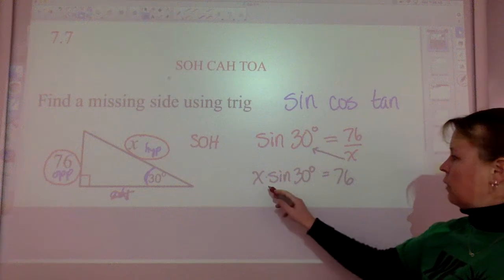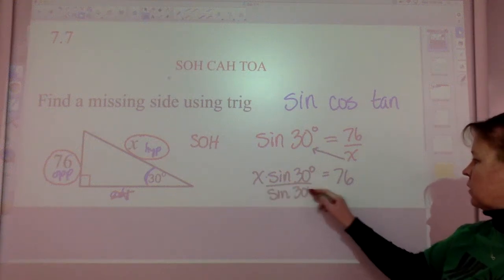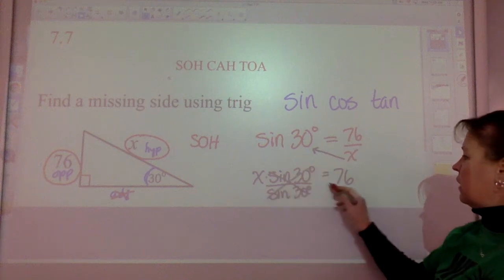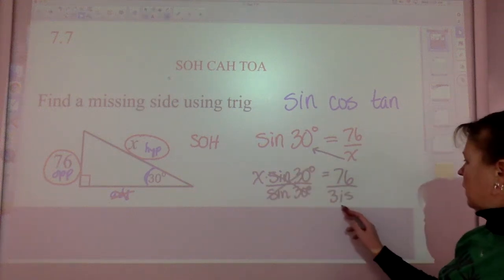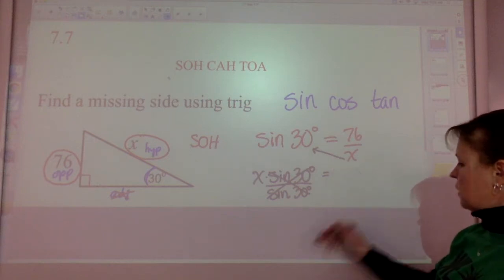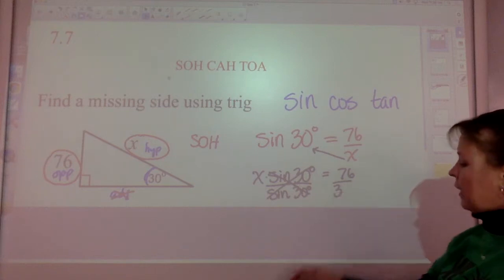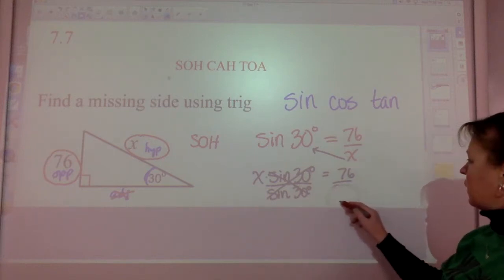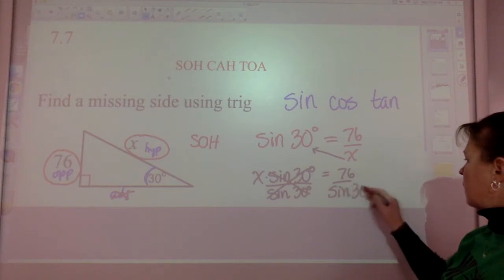We're just doing some algebra with some bigger, more awkward-looking trig ratios. Divide by sine of 30, divide by sine of 30. So x equals 76 over the sine of 30 degrees.